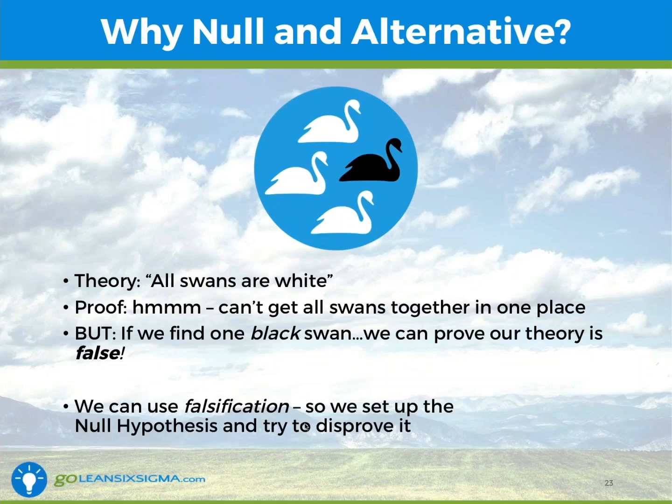We set up the null, and then we try to disprove it. That's the position we're always in. We take our theory, that's the alternative, and then we pair it with a null, saying there's no difference. Alternative, there's a difference. Null, there's no difference. And then we try to prove that null false. So that's where we're starting from, this idea of falsification.